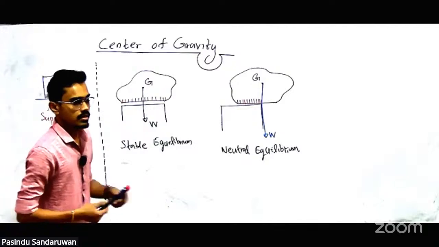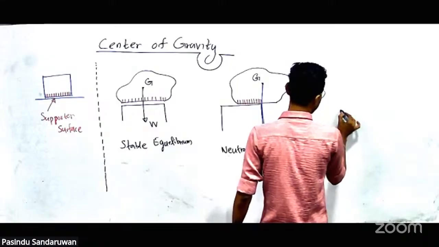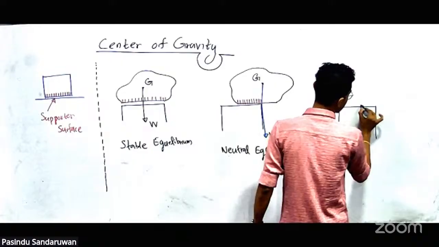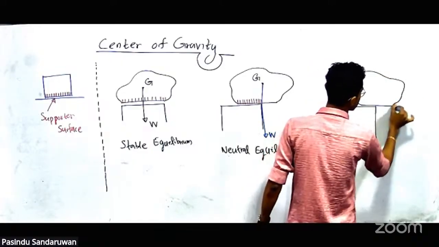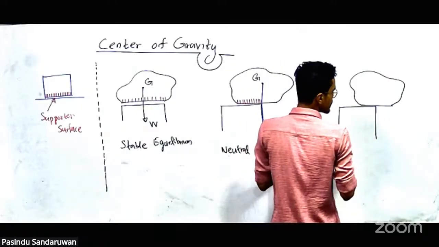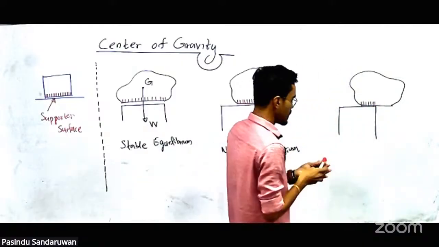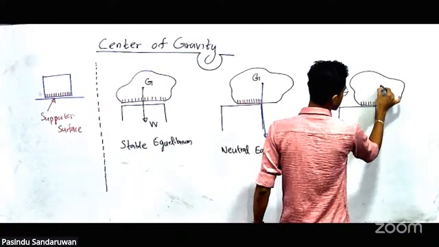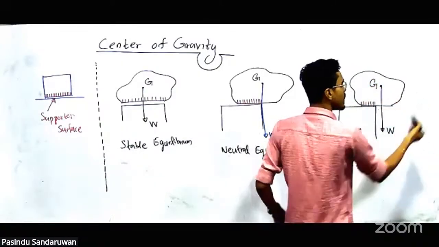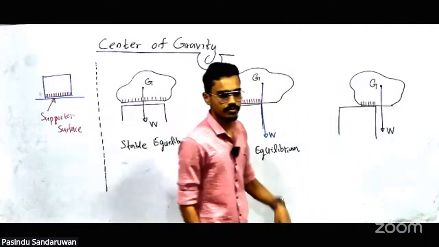Now, I'm going to push this further like this. And now the supporter surface is only up to this point, and the center of gravity is shifted outside the support. The center of gravity and acting line of weight are outside the support.